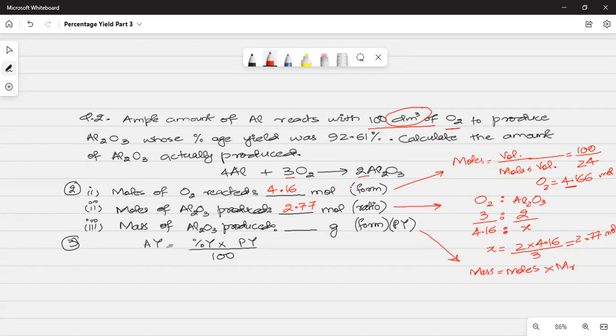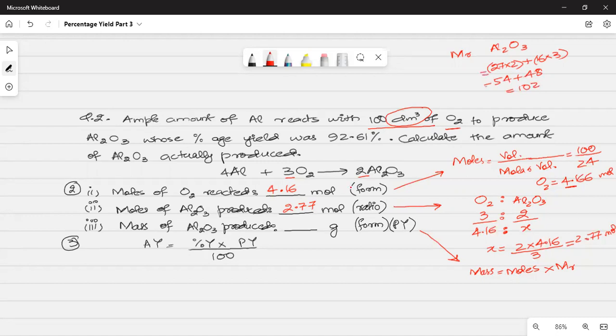Now, I need to calculate MR separately. So the MR for Al2O3, since Al is 27, so 27 multiplied by 2 as per the periodic table. And oxygen in the periodic table is 16, so 16 multiplied by 3. This becomes 54, this becomes 48. The answer really is 102.